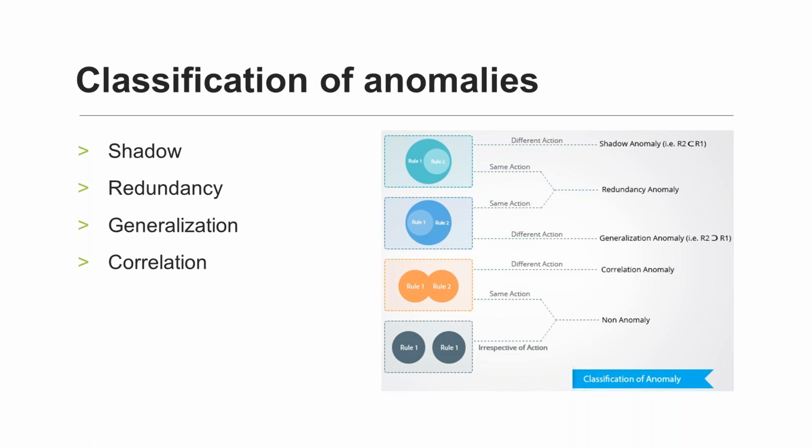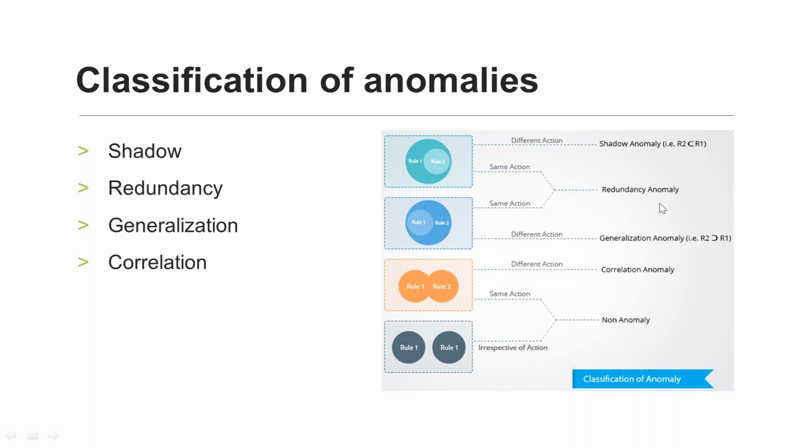The second rule I have written says that 10.0.0.50 can access Facebook.com. Here also the action is allowed. It does the same thing, but falls under the same category. So rule number 2 becomes a subset of rule number 1. With the same action in both rules, where rule number 2 is a subset of rule number 1, that becomes a redundant anomaly.